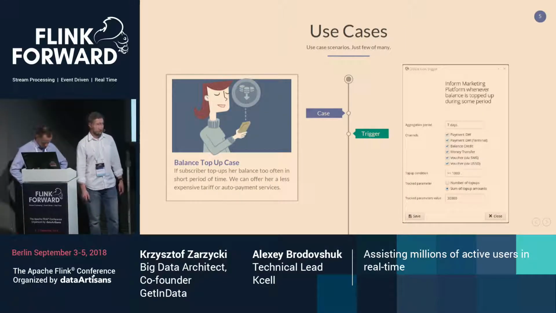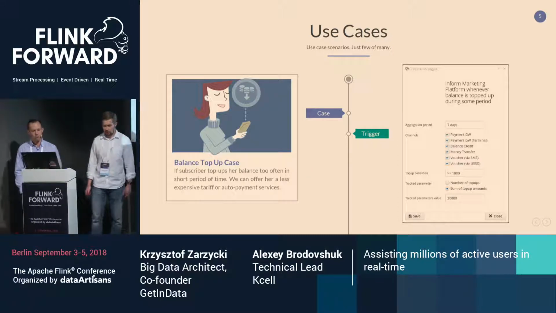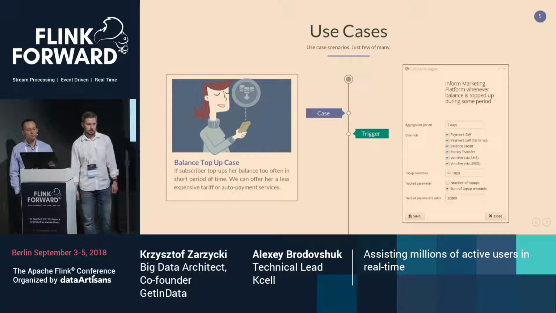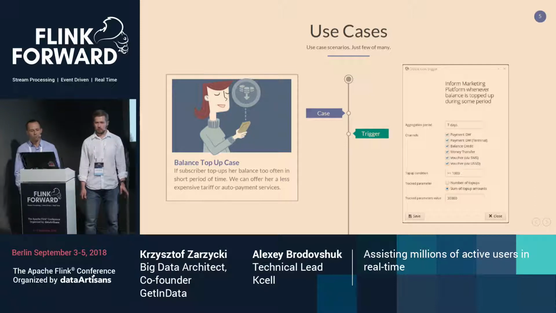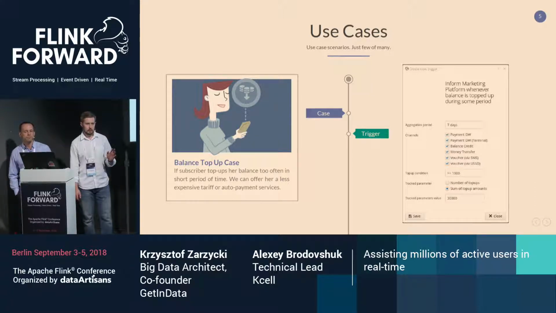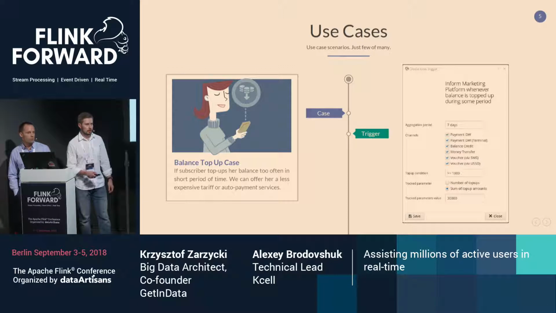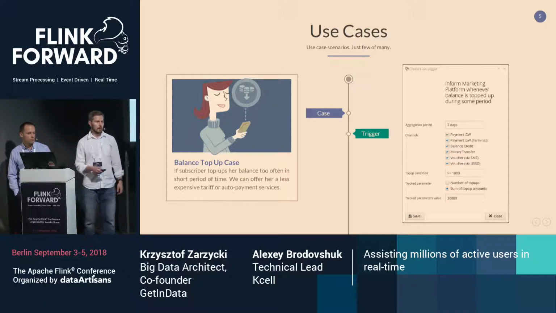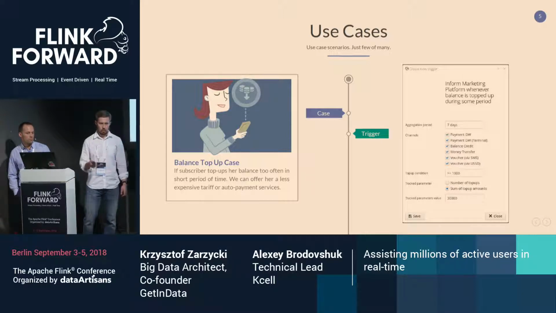So let me give you a few use cases about the business needs. For example, imagine our subscriber that tops up his balance too often in a short period of time. We can quickly identify such events and advise our subscriber to switch to a better tariff, or maybe to turn on some auto payment services, so he wouldn't spend so much time doing it manually.